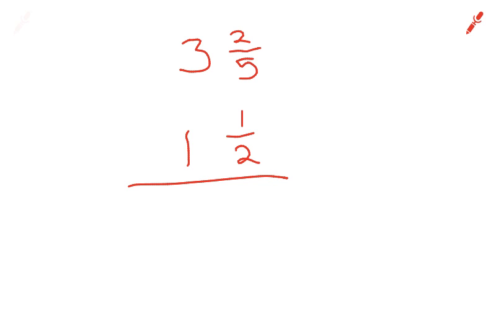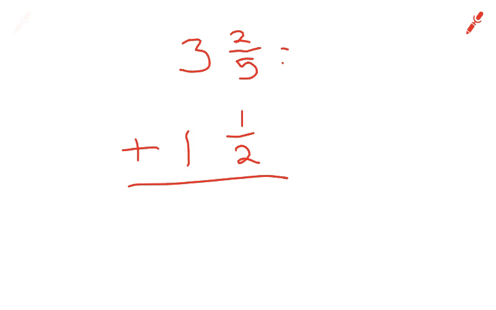The next one is another mixed number, 3 and 2/5, plus 1 1/2. So we need to find an LCD for 5 and 2.